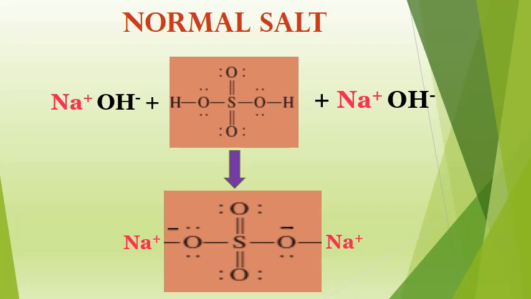These minus signs indicate the negative charge on the oxygen atom present here. Each oxygen atom is carrying 1 unit negative charge, which is being cancelled by the sodium ions. So the whole compound ends up being a neutral compound. That's how a normal salt is formed, by complete replacement of the hydrogen atoms of an acid.